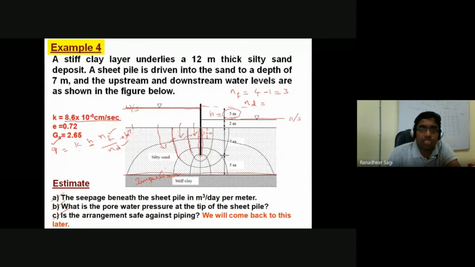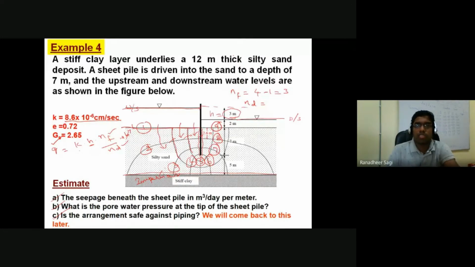This upstream I'll consider as one equipotential line, second, third, fourth, fifth, sixth, seventh, eighth, ninth equipotential line. So I have got 9 equipotential lines. The number of potential drops is 9 minus 1, which is equal to 8. So the number of flow paths and potential drops are known, and I have to simply substitute my data into this expression.